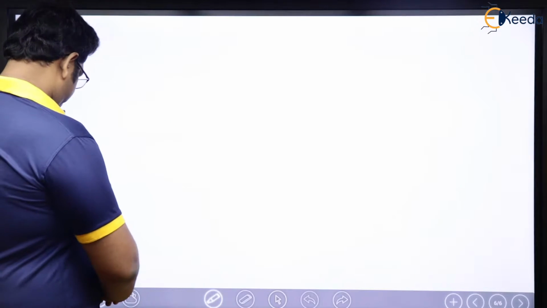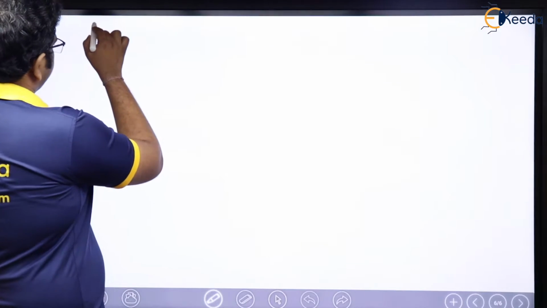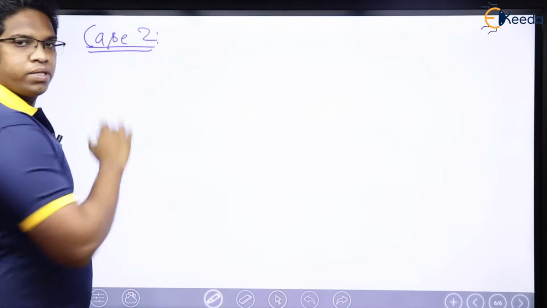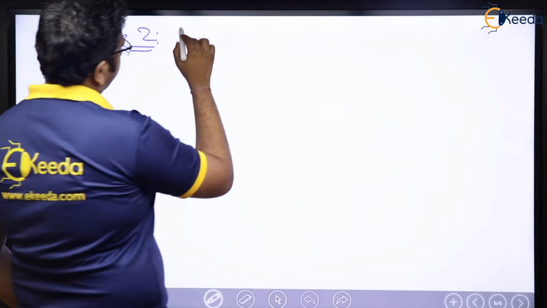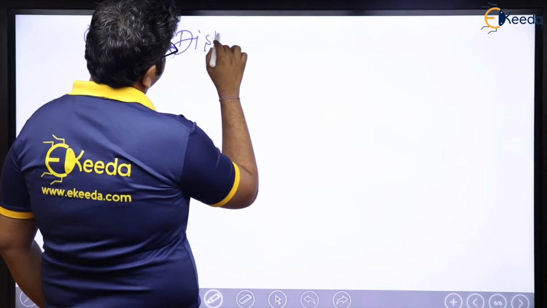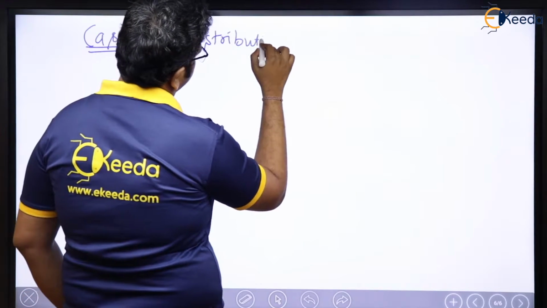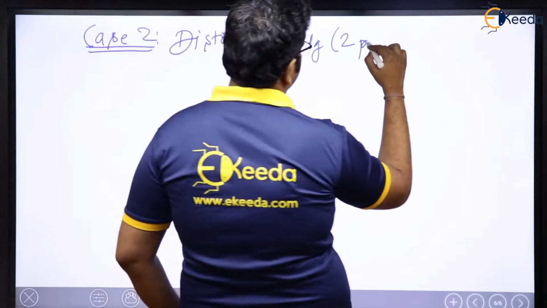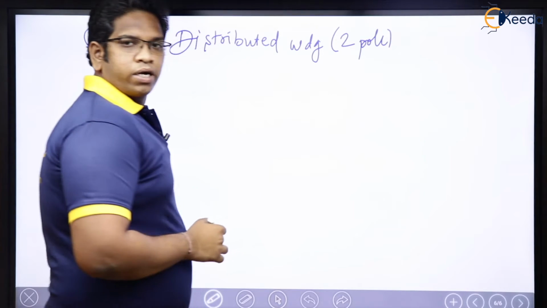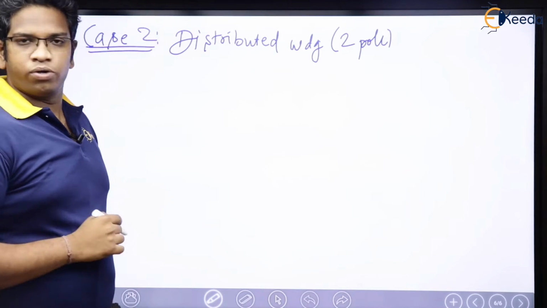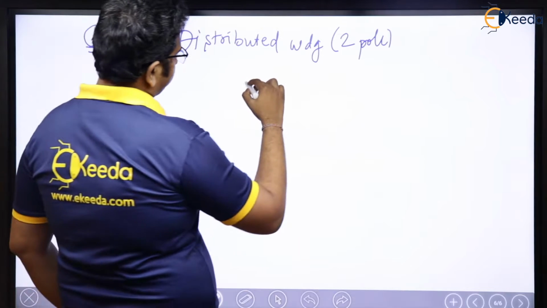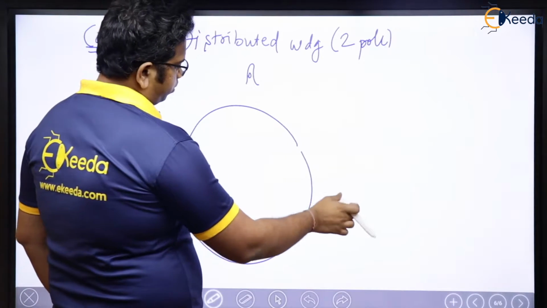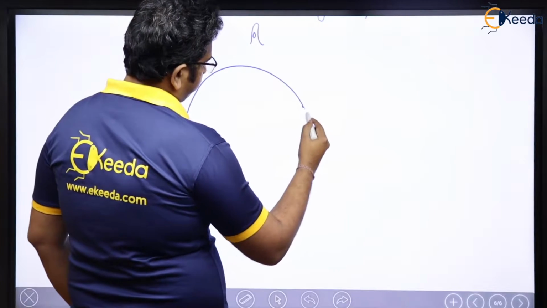See here. Let me think of case 2. Case 2 in the sense distributed winding. Again, I am going to take a two-pole machine only, right? Now let me consider this as the stator. This is going to be the stator, right?